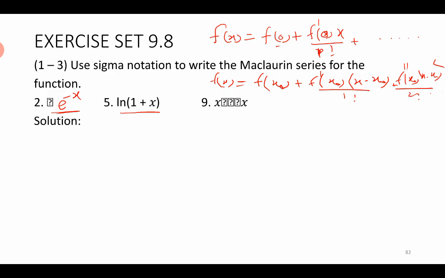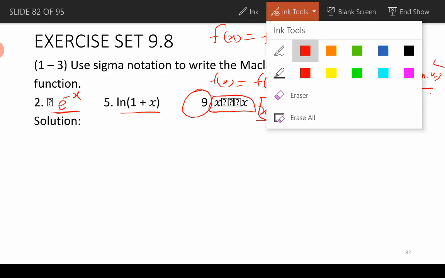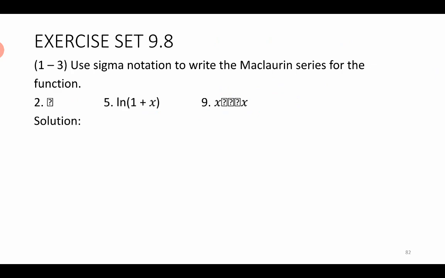Now this term is x times sine x. We will solve problem number 9 in Maclaurin series, which is x into sine x.